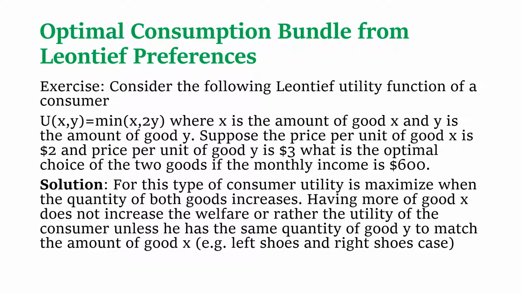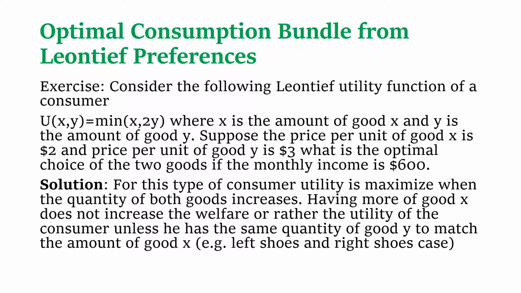So that is why the point of optimality, or the point where the consumer maximizes satisfaction, occurs at the kink of the indifference curve. So if we start at one particular indifference curve and then say we increase the amount of one of the goods, that does not increase the welfare of the consumer.